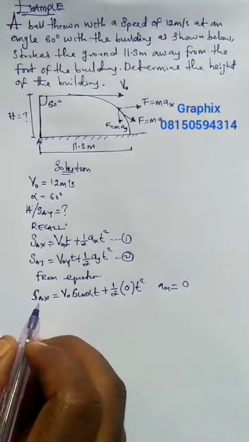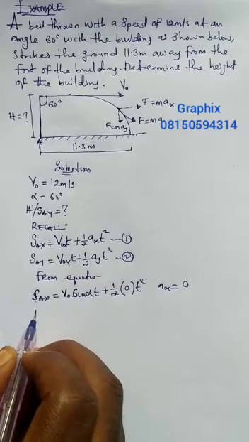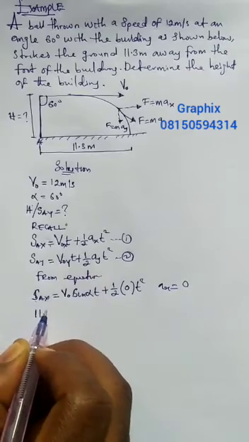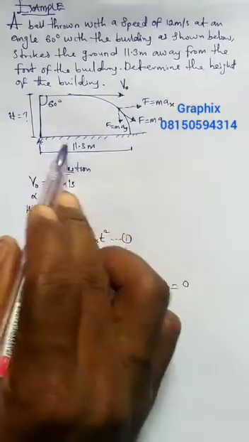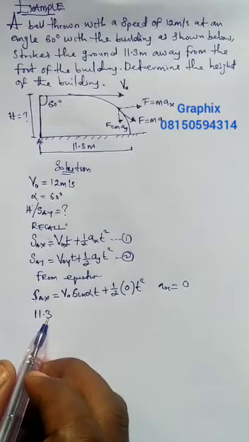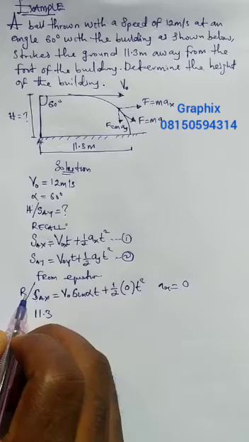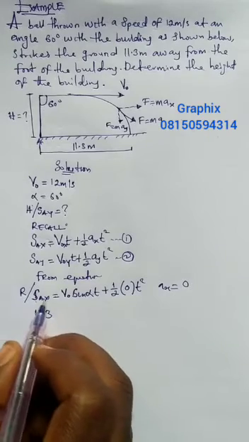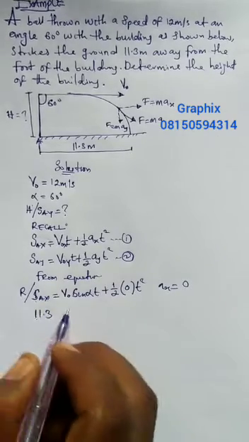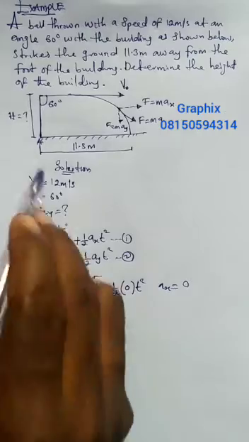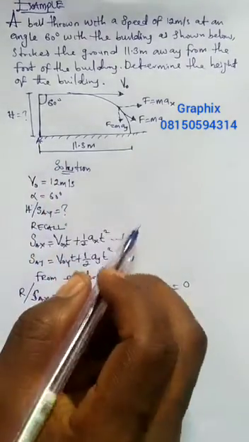So in this case, my S_AX is given as 11.3. That is the horizontal range, because the distance along the X axis is called the range, which is the distance from the foot of the building.